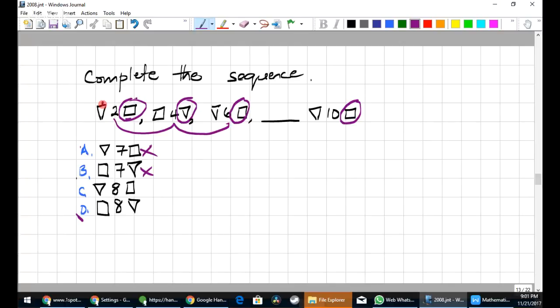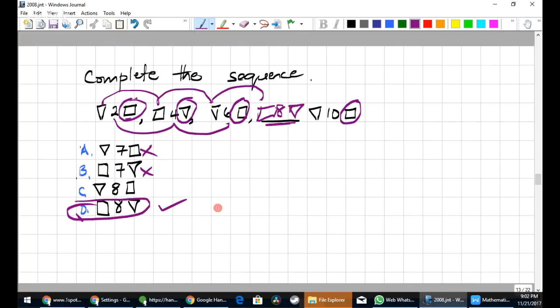So we start with square, then we start with triangle. Now we're going to start with a what? Square. So we start with this one, and we end up with 8. All right, so it looks like D is the correct answer, right?